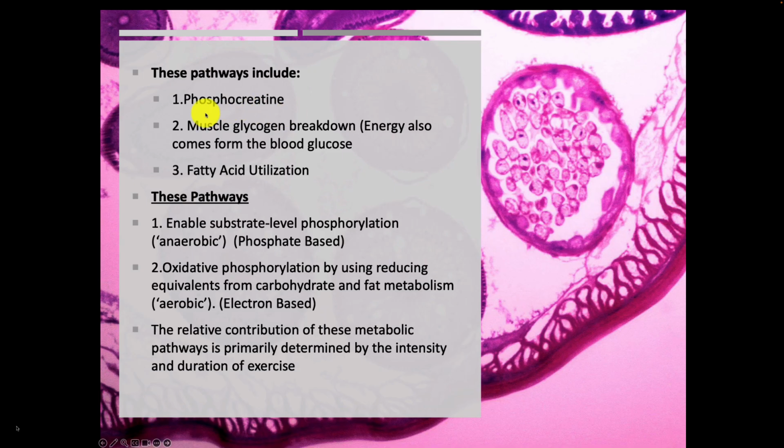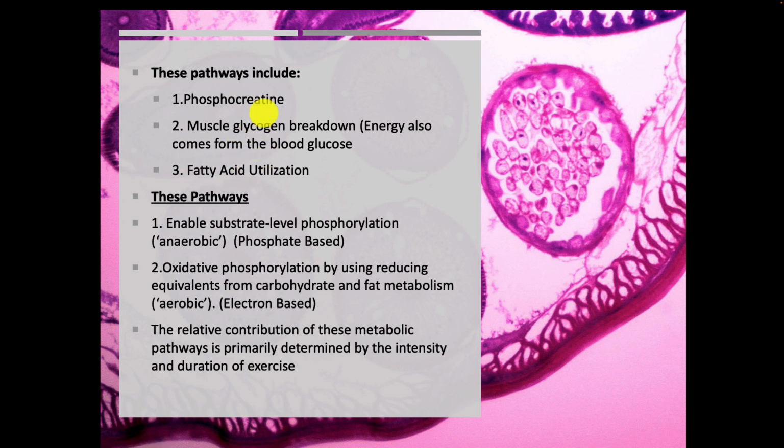We have a glycolysis pathway, and that glycolysis is going to come from the glycogen breakdown. We'll also get a little bit of energy from blood glucose, but the majority of the glycolytic pathways, which is aerobic glycolysis and anaerobic glycolysis, is going to come from the glycogen that's already stored in the muscle.